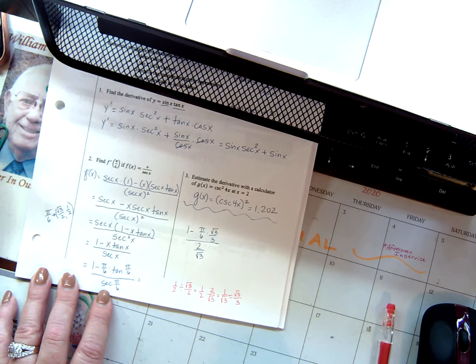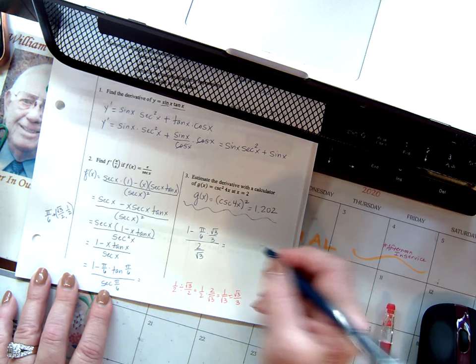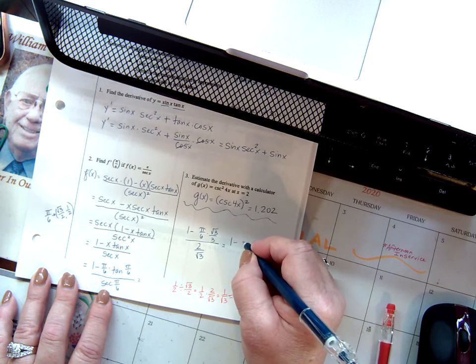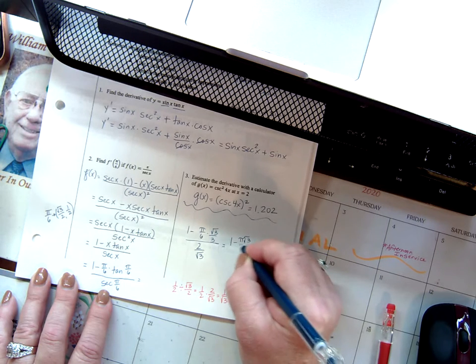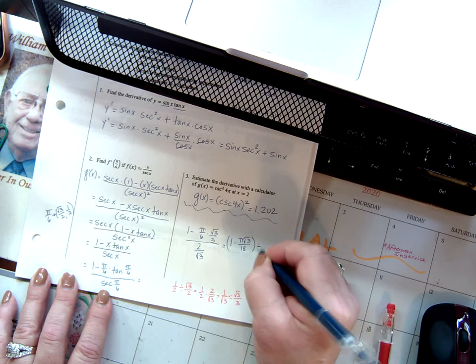That's a hot mess, right? So now what I have, and I'm going to go horizontal because now I got complex fractions involved, is 1 minus pi square root of 3 over 18 divided by 2 over the square root of 3.